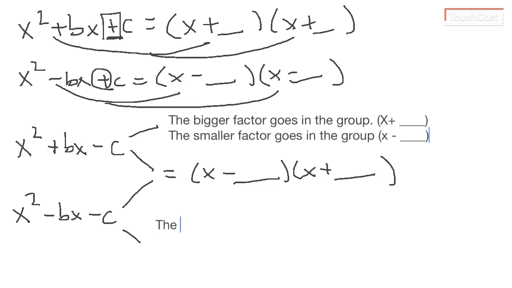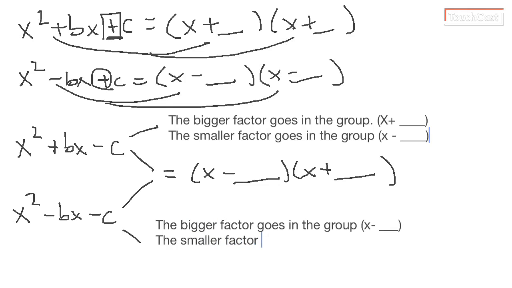What happens is the bigger factor goes in the group x minus something, and the smaller factor goes in the group x plus something. That wraps up our intro on factoring quadratic trinomials. In our next lesson, we're going to see what happens if there's a number in front of x squared.